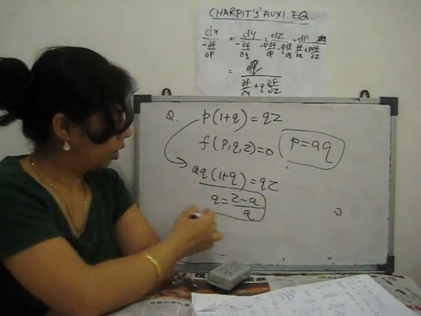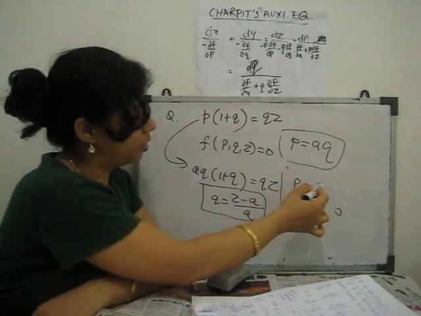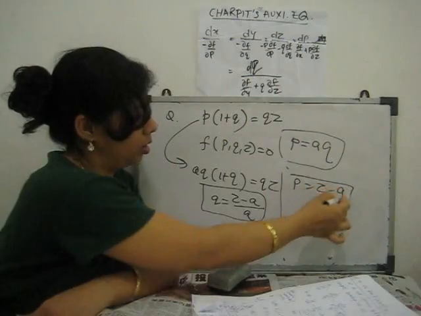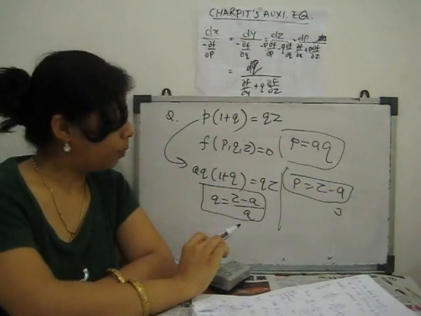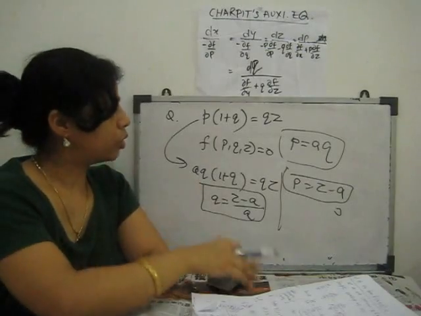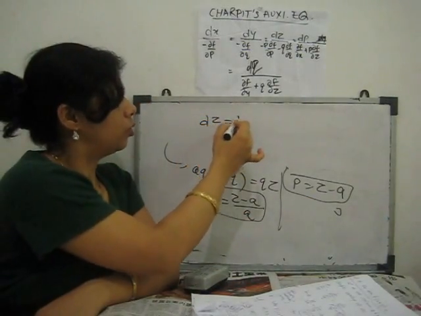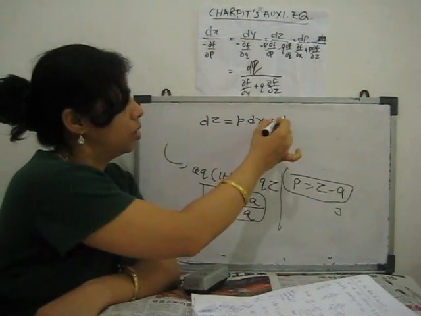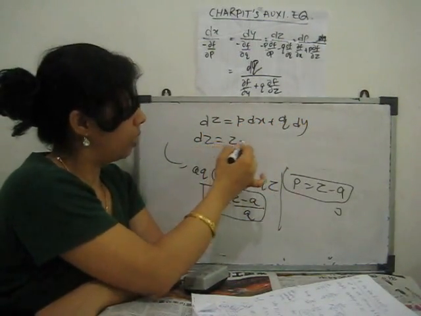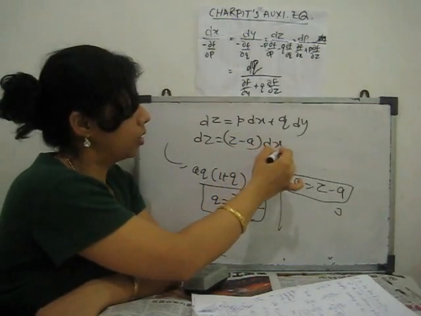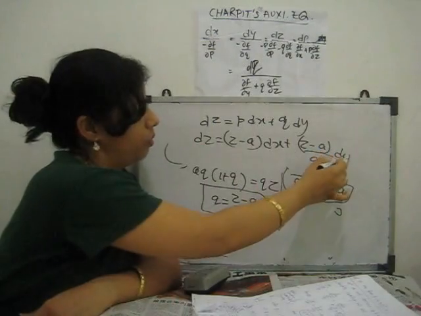When you solve it, if q is this, then what is p? p is z minus a. The denominator a cancels because p is aq. Now p and q are coming. We substitute in our answer. What is this? dz is equal to p dx plus q dy. So dz equal to (z minus a) dx plus ((z minus a) upon a) dy.